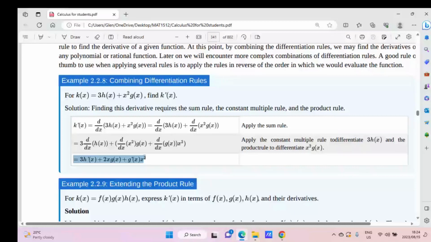Do you see this step that I've highlighted in example 2.2.8? Can you share your answer with us in terms of the way it has been presented to us in the highlighted step in example 2.2.8? Is that a fair request?